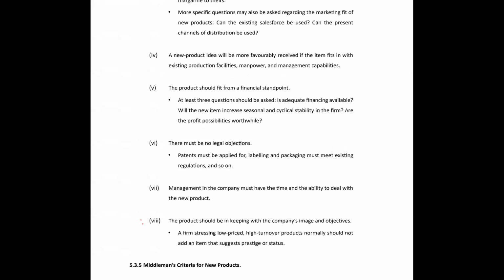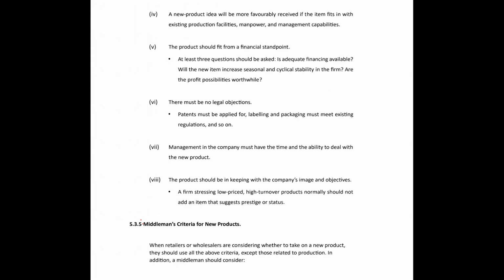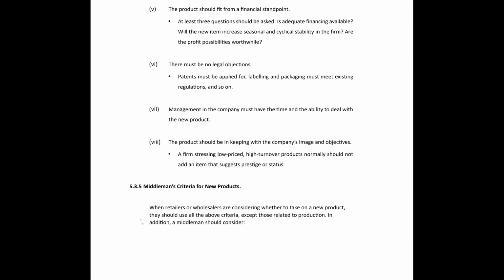And again, the new product idea will be more favorably received if the item fits within the existing production facilities, the manpower, and management capacities. Again, does the product fit from the financial standpoint? Do we have adequate financing available, right? Are there any legal objections to that product? That is very, very important.